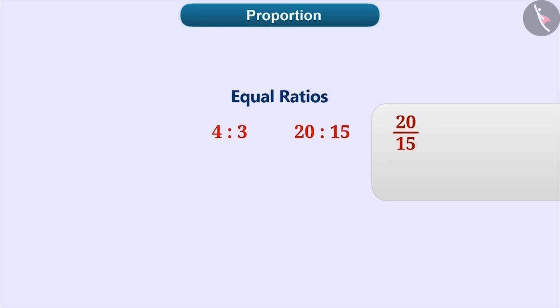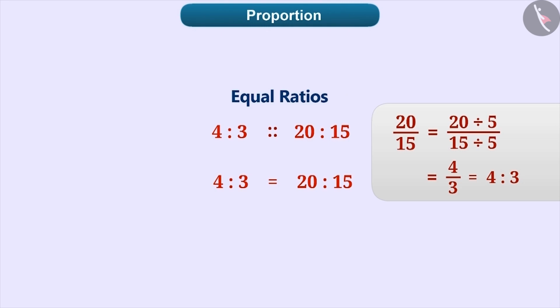If we divide the numerator and the denominator of 20:15 by 5, then we get the ratio 4:3. Therefore, we can say that 4:3 and 20:15 are equal ratios. That means they are in proportion. So, we can write the proportion in this way: 4:3 is equal to 20:15, or 4:3 is proportionate to 20:15.